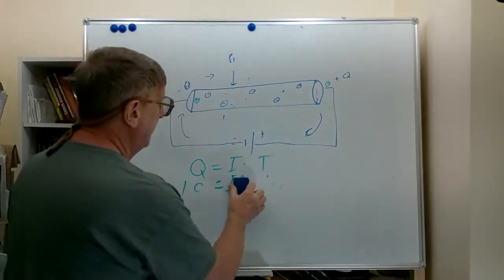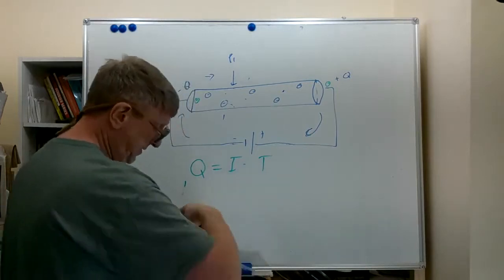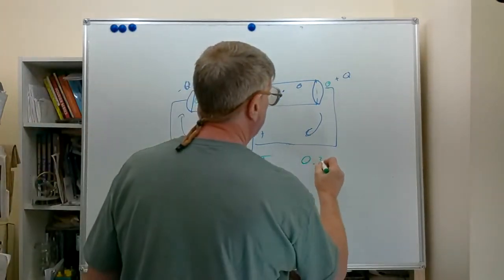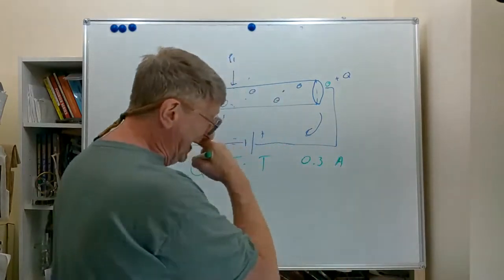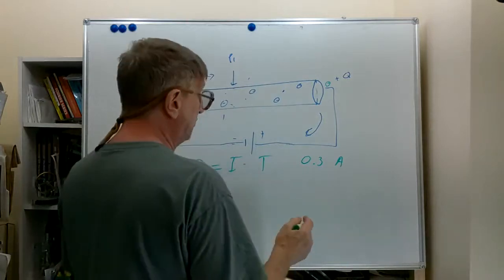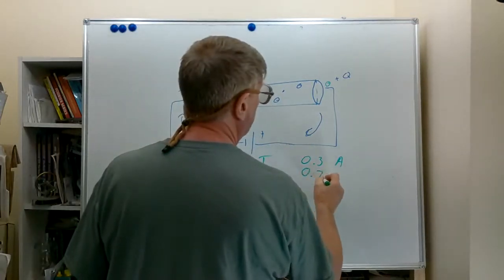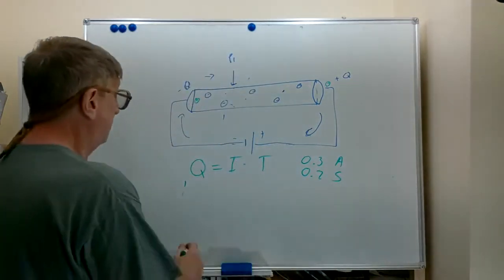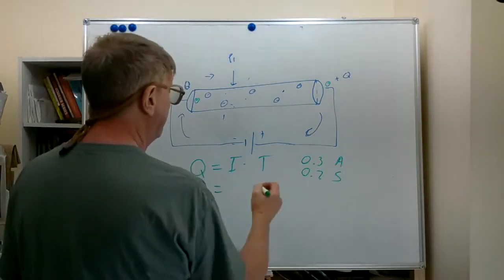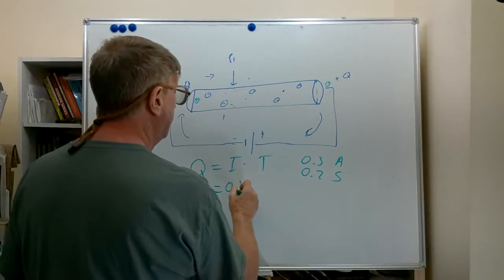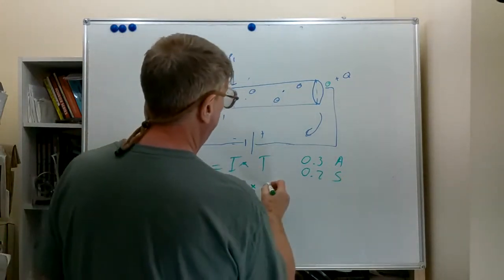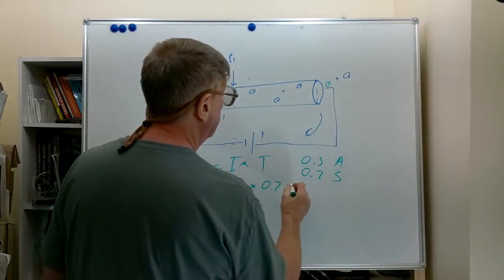Suppose that we have 0.3 amps. Our intensity is 0.3 amps. And our time was 0.2 seconds. So we would say that our charge would be equal to the intensity, 0.3, multiplied times the time in seconds, 0.2 seconds.